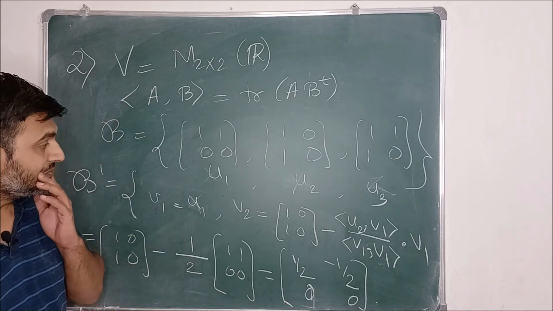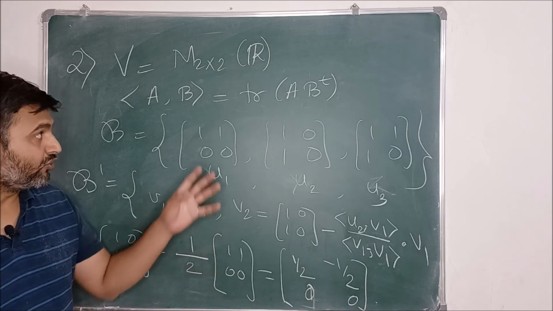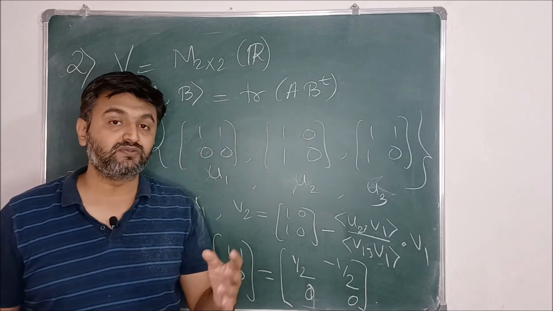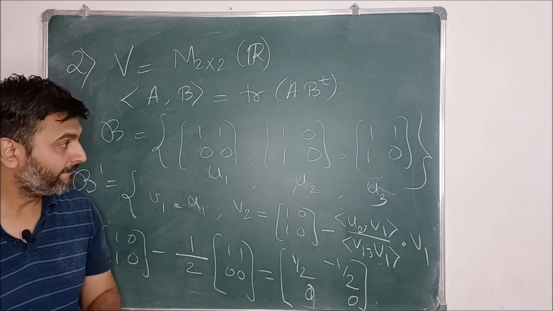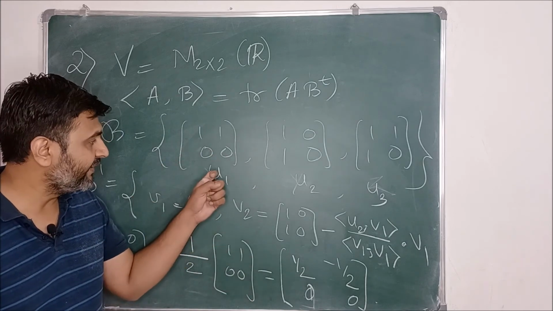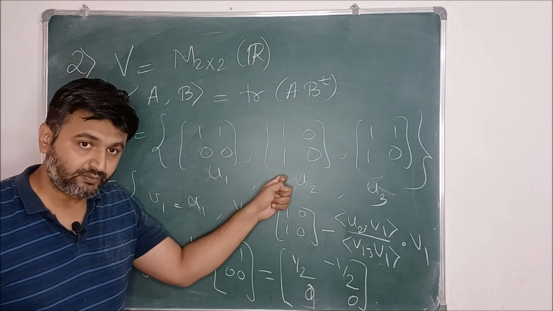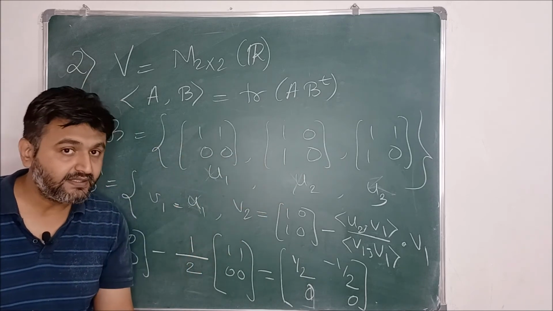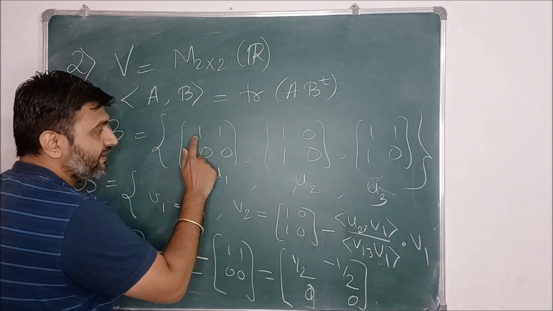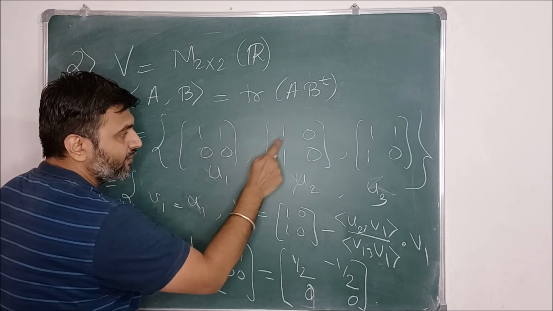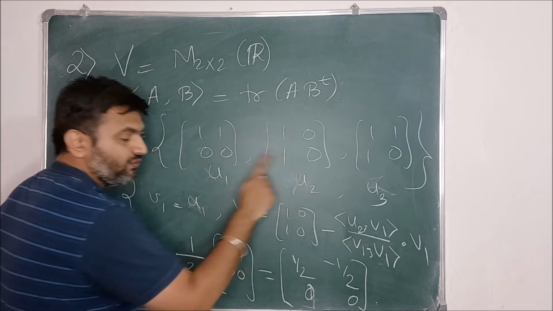Actually, I have spent much more time on this when I talked about trace of AB transpose forming an inner product. If you have a doubt in this, you can see that lecture. But keep one thing in mind: if this is my A and this is my B, A into B transpose and then taking the trace of that matrix is the same as simply taking the dot product: 1 into 1 plus 1 into 0 plus 0 into 1 plus 0 into 0.